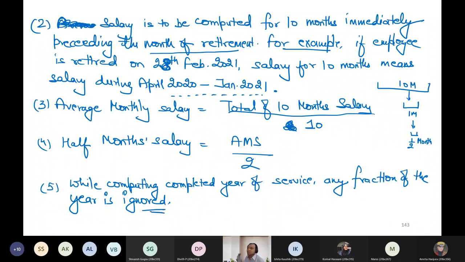Like if I have done a service of 27 years, 11 months, I will take only 27. In last year, I was not ignoring every fraction. I was ignoring that fraction only which does not exceed 6 months. But now I will ignore every fraction, even if that fraction is of 364 days. Even if any year is short by 1 day, I have to ignore that fraction, and that remaining figure is your completed year of service.